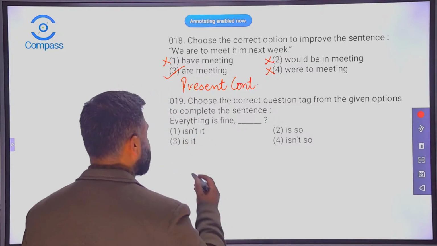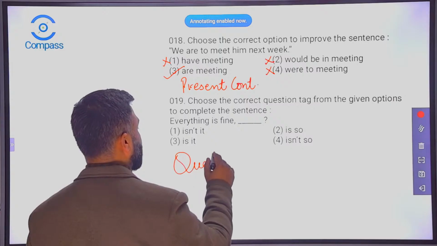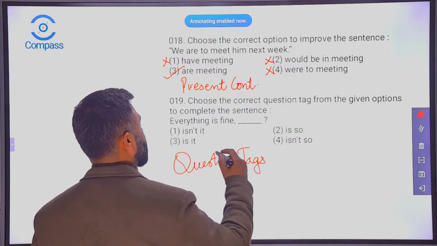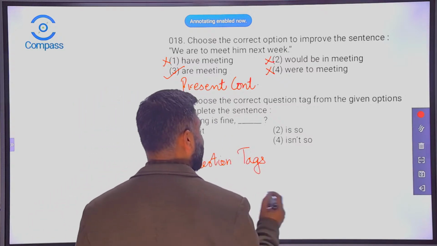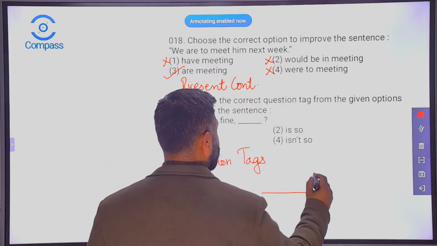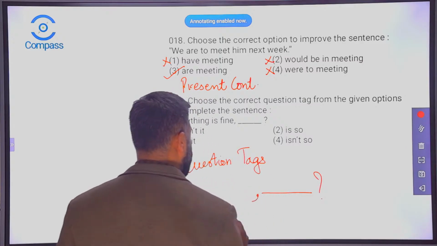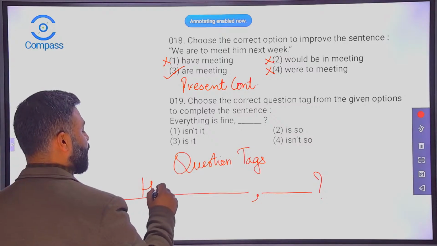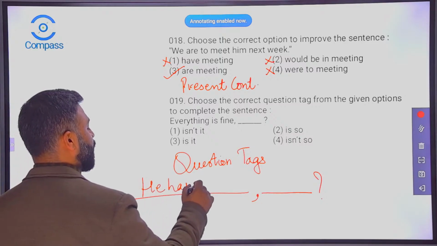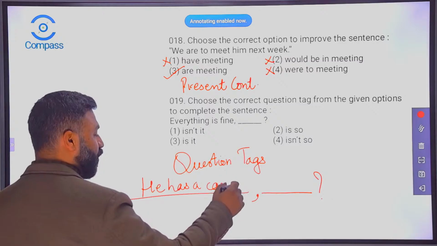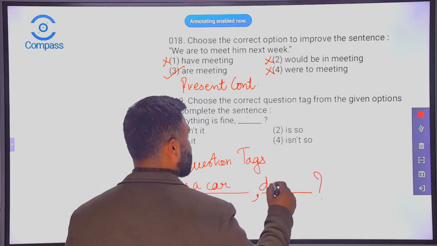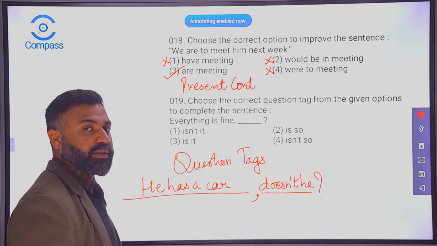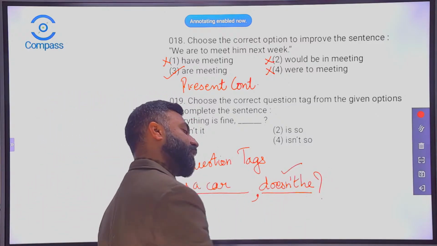Now question tags come after the sentence, right? A comma, and here we are going to be having a sentence. For example, he has a car, comma, doesn't he? Right? That's the question tag.